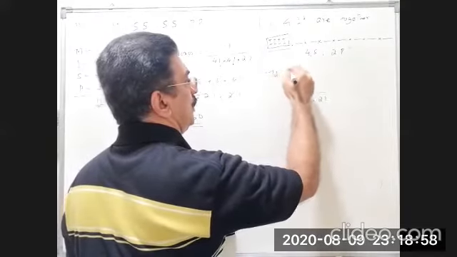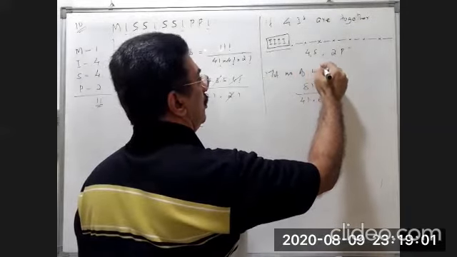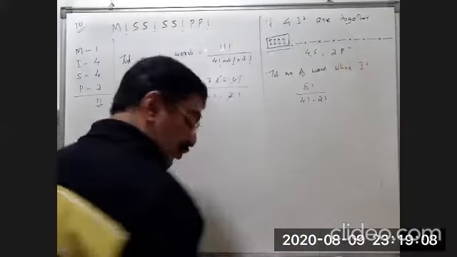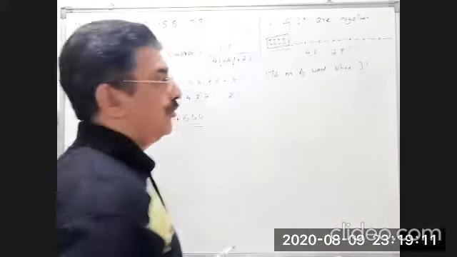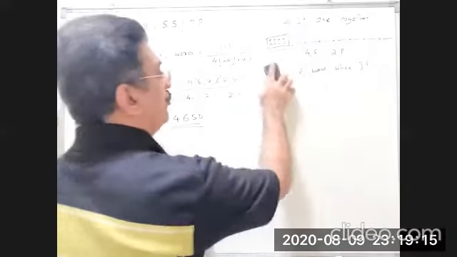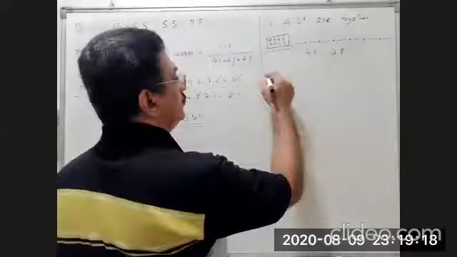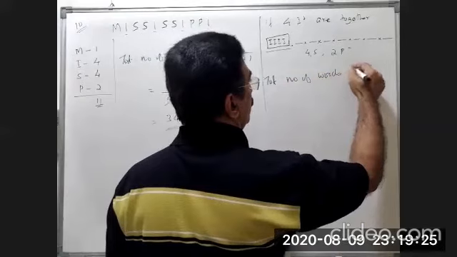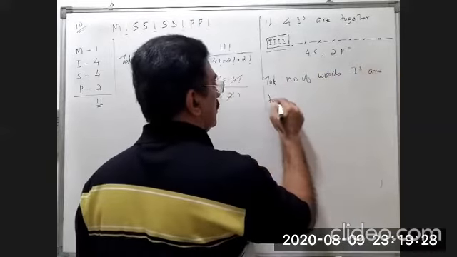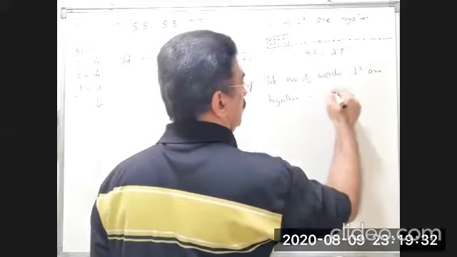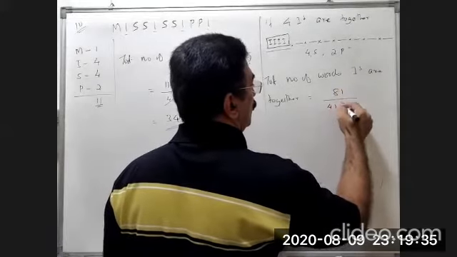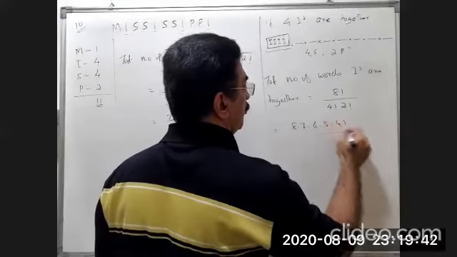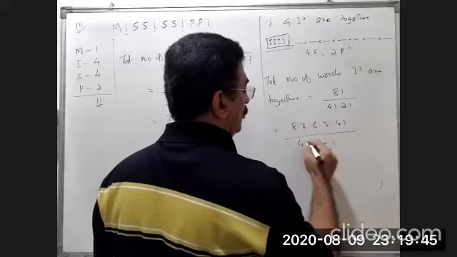Therefore, the total number of words where I's are together is 8 factorial by 4 factorial, 2 factorial. 8, 7, 6, 5, 4 factorial, over 4 factorial, 2 into 1.